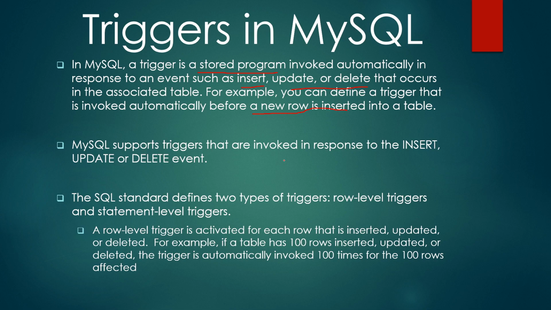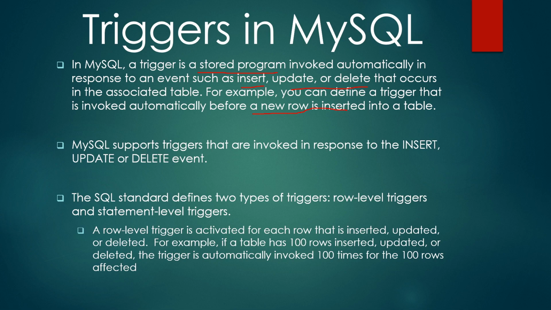So it will be automatically invoked, but you can set the trigger at that moment. Or you can set the trigger even before an update or after an update statement, or before a delete statement or after a delete statement. Okay, that is up to you.